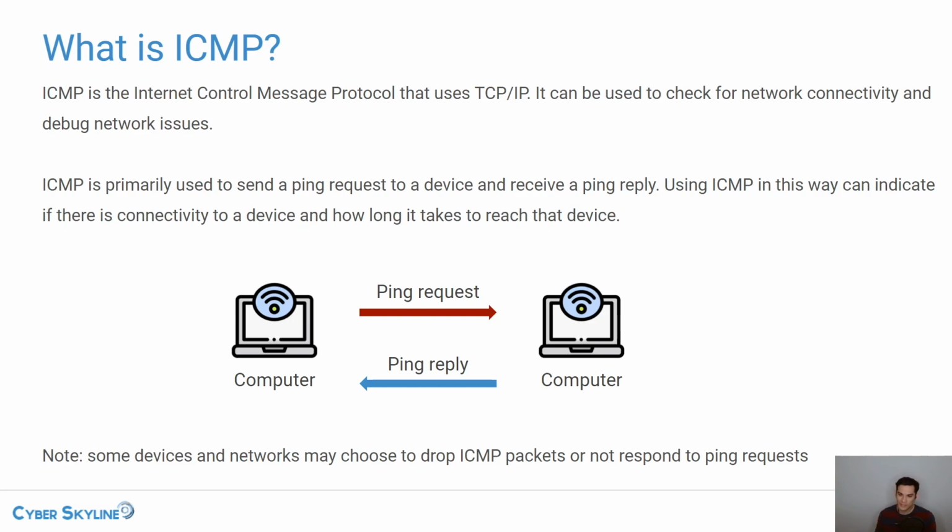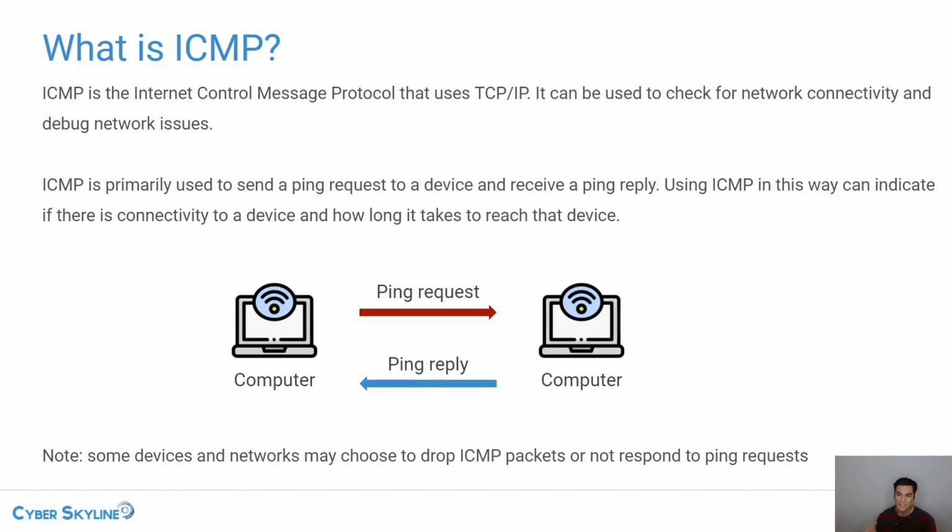If you're trying to ping a device that you don't maintain or operate, and you don't know how it's being maintained and operated, it's possible that you might not be able to ping it because they have ICMP disabled. But you may be able to connect to it if there's an open port, or if you're trying to connect to some application on the device. It's entirely possible that they're just blocking ICMP, but it's still operational. So that's something to keep in mind.